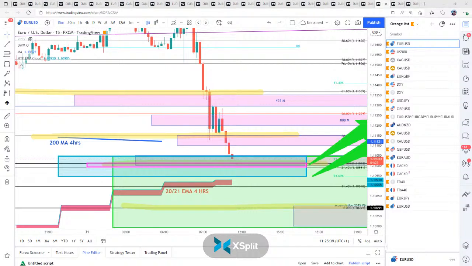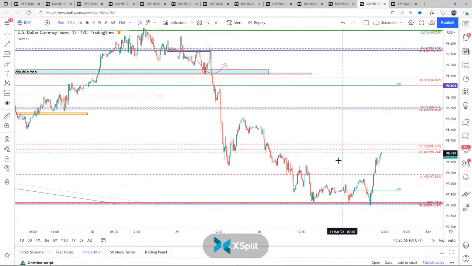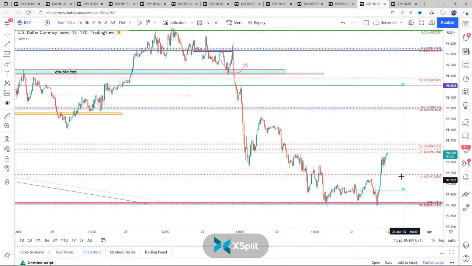And let me check here because I'm looking, where is DXY? Okay, DXY is back on this other thing. Great. I will show you this one too because we always look at both DXY and Euro USD. And you see DXY made a very nice double bottom here right on the 61.8 fib, which is so important. I mentioned it already.